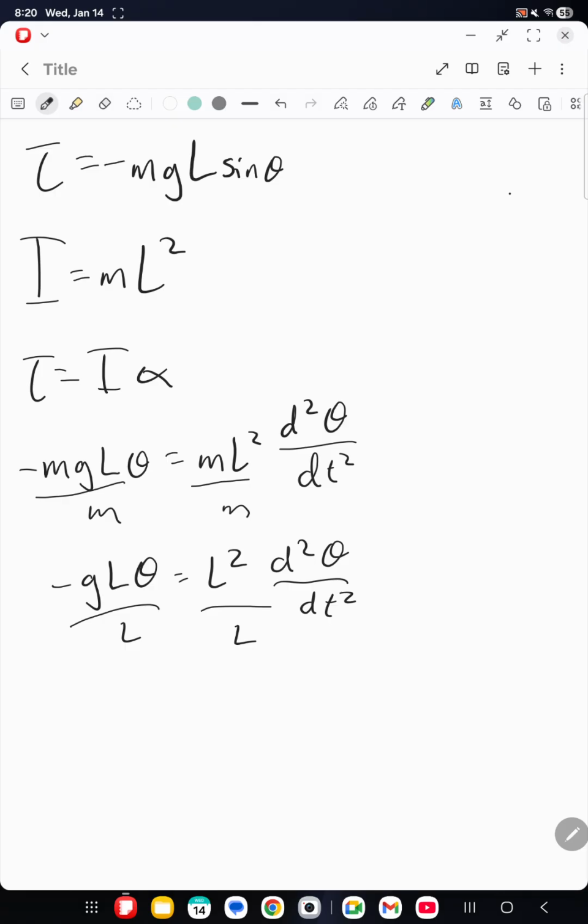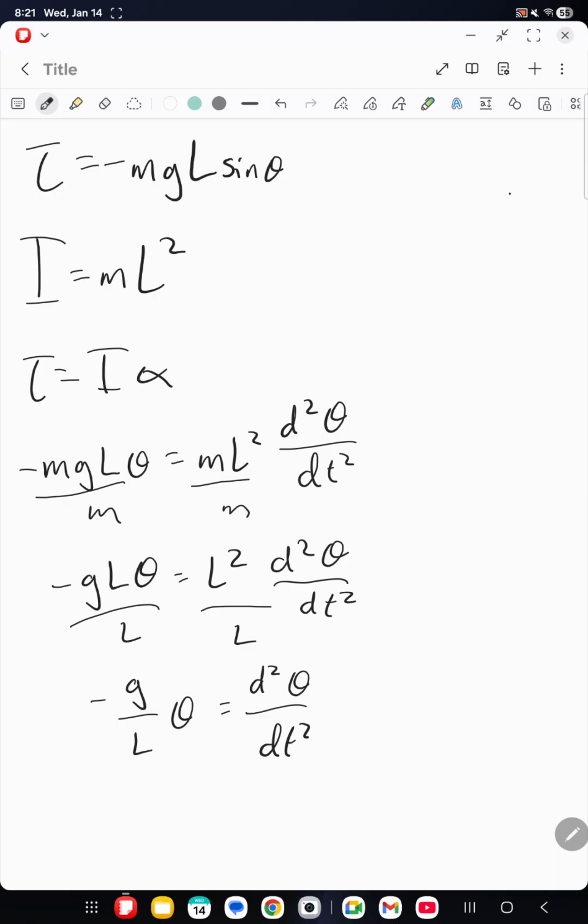And so we'll have negative g over L theta, which is equal to d squared theta over dt squared. There we go.